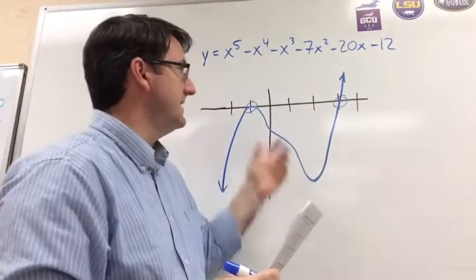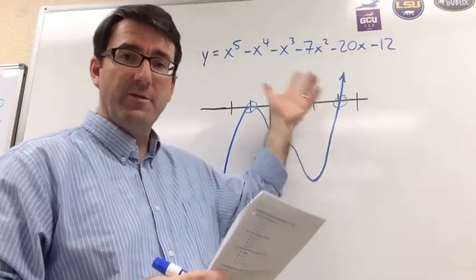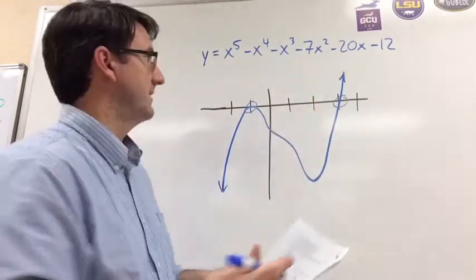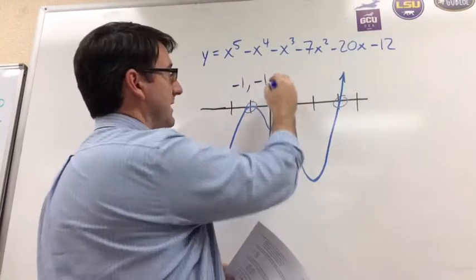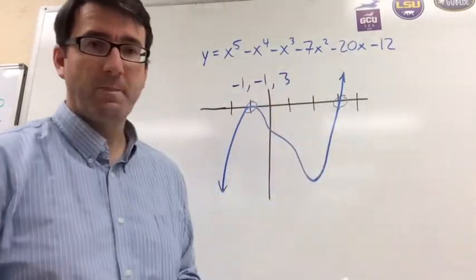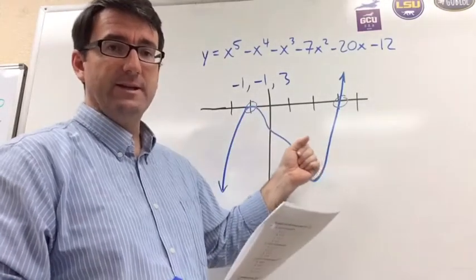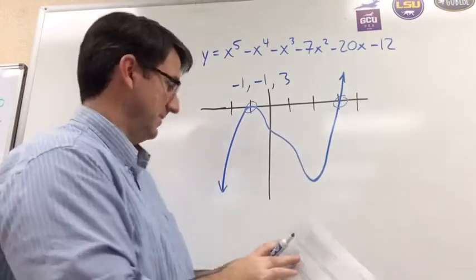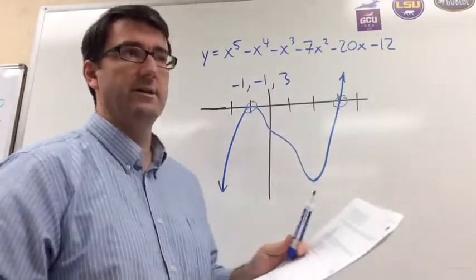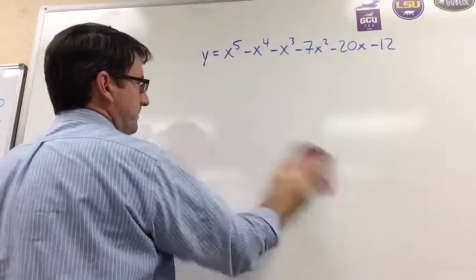So by having this graph, we're essentially being given 3 of the 5 zeros for this function. They're going to be -1, -1, and 3. And so what we need to do now is find the 2 complex zeros, the two imaginary zeros of this function.